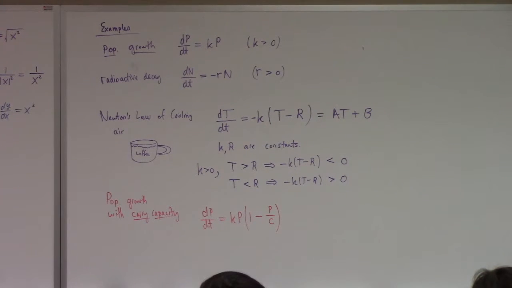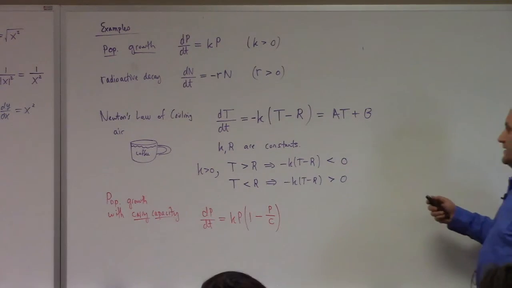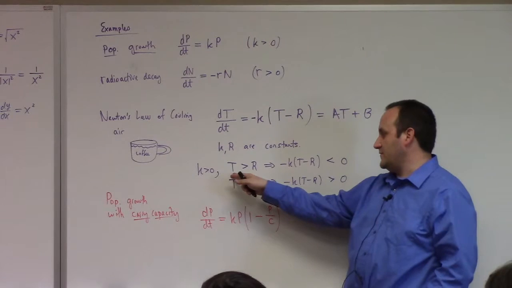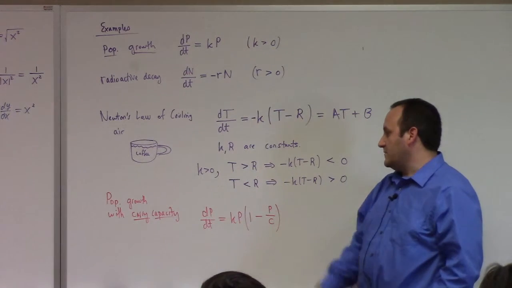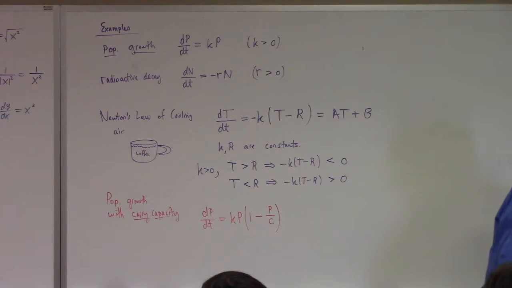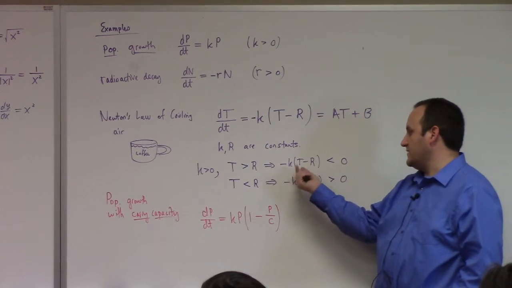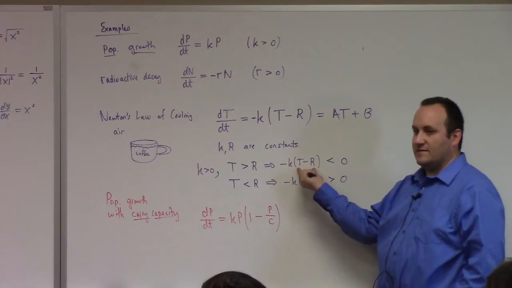The weirder notation is just so I can explain physically what's going on. If K is a positive constant, think about it. If the temperature of the coffee is greater than room temperature, then the product minus K times (T minus R) is less than 0, because you've got a negative times a positive, which is negative.